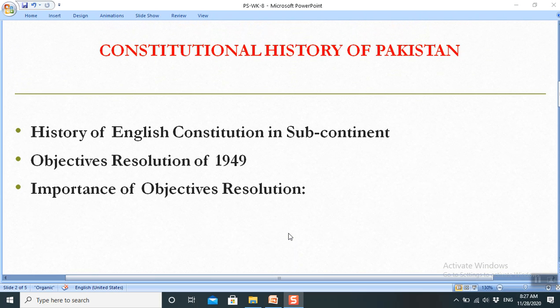Dear students, as in the previous videos, I explained in detail that for the existence and development of any state, be it a vast state like Russia, a developed or multicultural state like America, or a very small state like Vatican City, or all others, for the smooth functioning of life, they need constitutions.